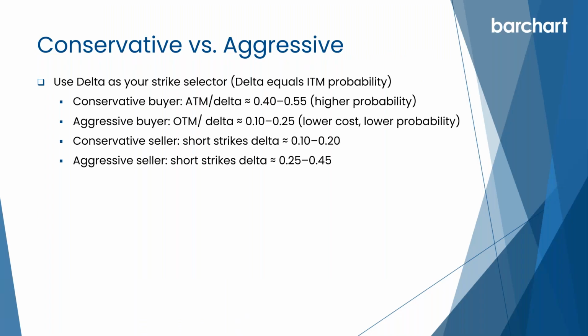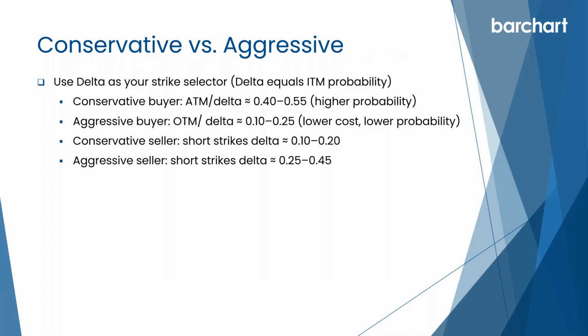So delta is going to be a very important part of our process, delta in terms of strike selection. But those of us who trade options understand that delta also equals the in-the-money probability, in other words, the probability that price is going to finish near that strike.